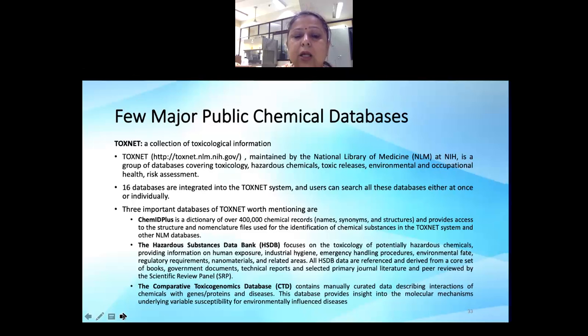Three important databases of ToxNet are ChemIDplus, which is a dictionary of over 400,000 chemical records; the Hazardous Substances Data Bank, which focuses on the toxicology of potentially hazardous chemicals, providing information on human exposure, industrial hygiene, emergency handling procedures, environmental fate, regulatory requirements, and all these data; and the Comparative Toxicogenomics Database, which contains manually curated data describing interactions of chemicals with genes, proteins, and diseases.